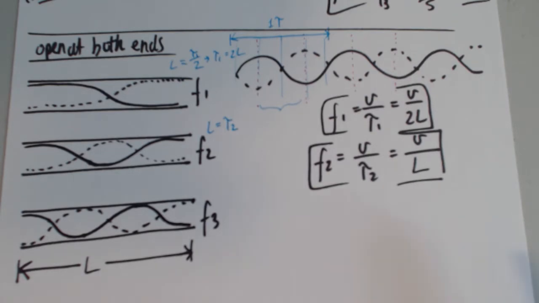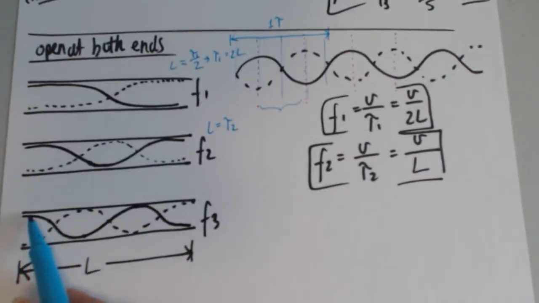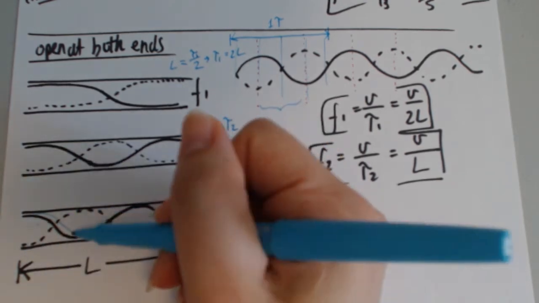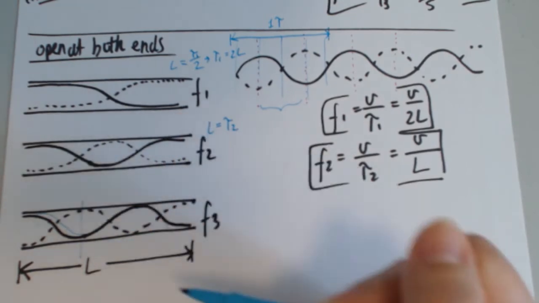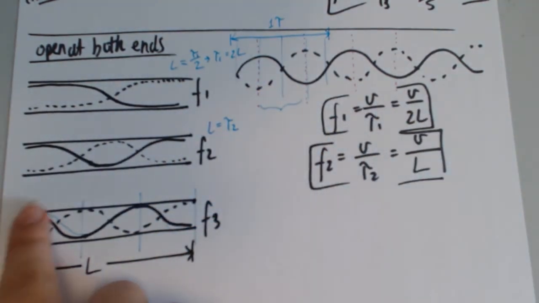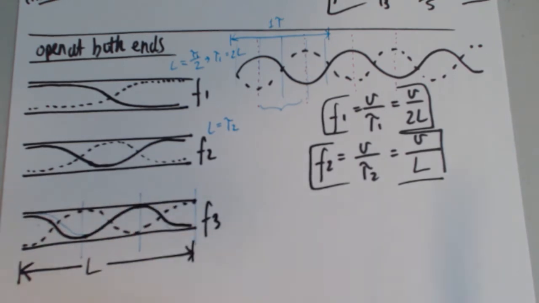Okay, so how many wavelengths do I have now? Well, I go from crest to crest, right? So that's one wavelength, and now I'm going from top of the crest to the start of the trough. That's a quarter. So, oh, hang on a second, no. If I do, that's one full wavelength. So that means from top of the crest to bottom of the trough, that's half. There's another half. Sorry guys, so that's actually 1.5 wavelengths.